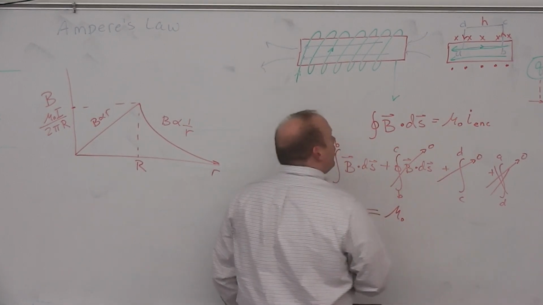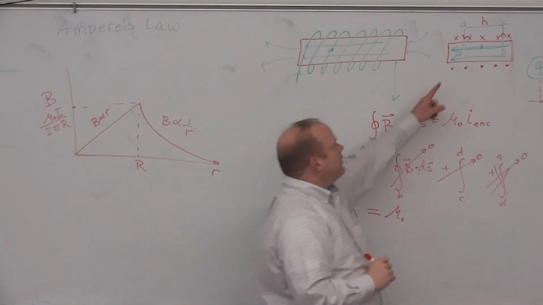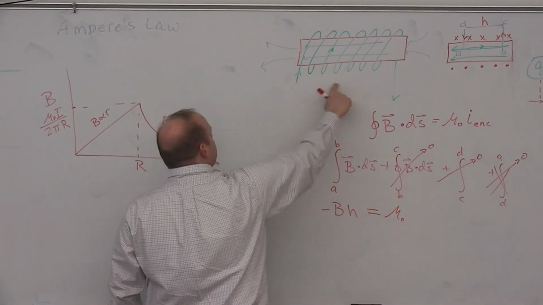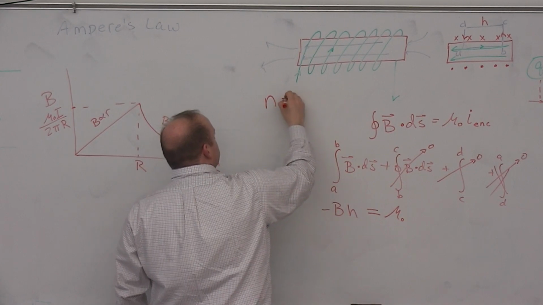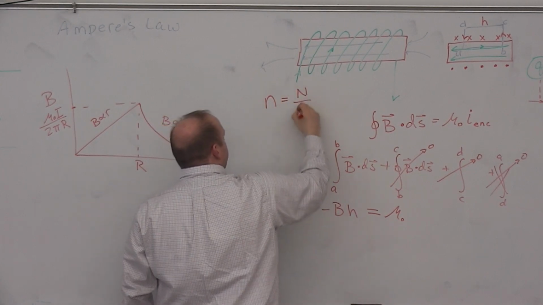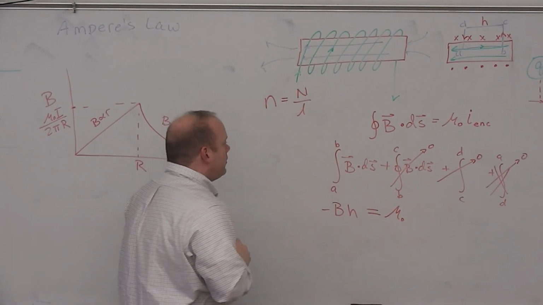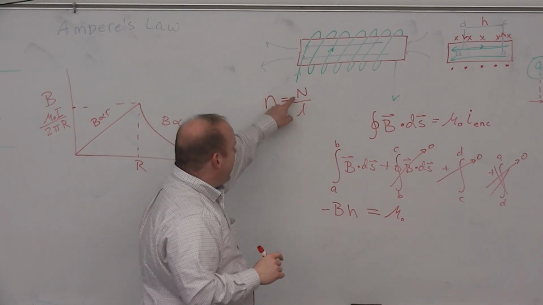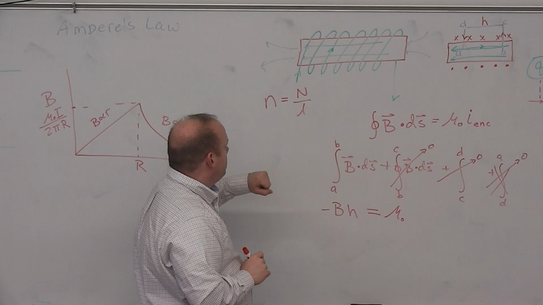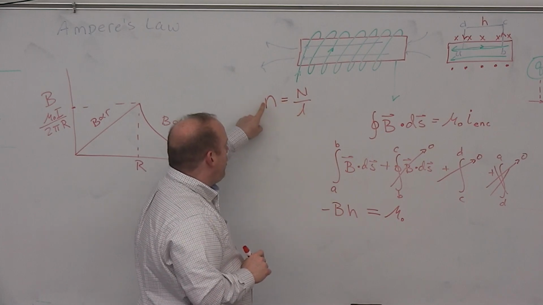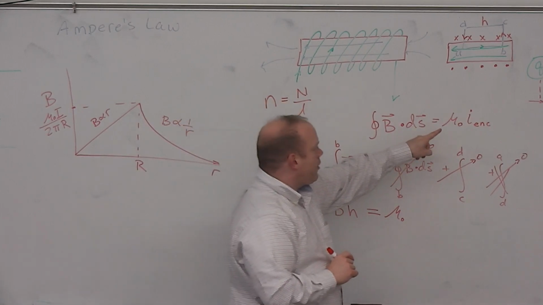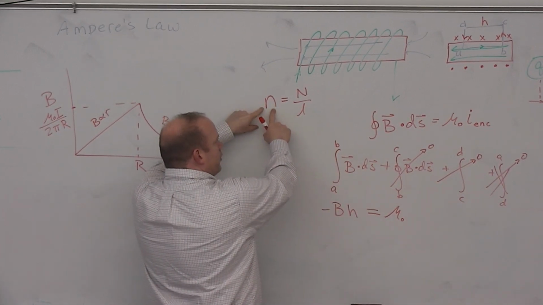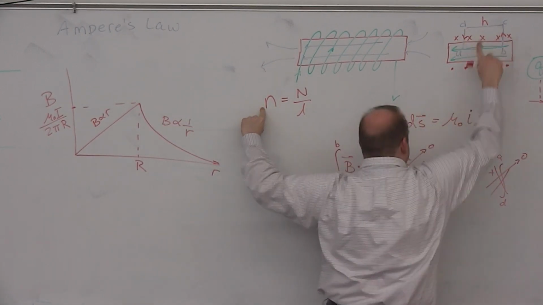Now, I enclosed, this has a certain number of turns per unit length. So I'm going to say that this solenoid has little n, which is the number of turns per unit length. I'm not looking at the whole length. h is my length.